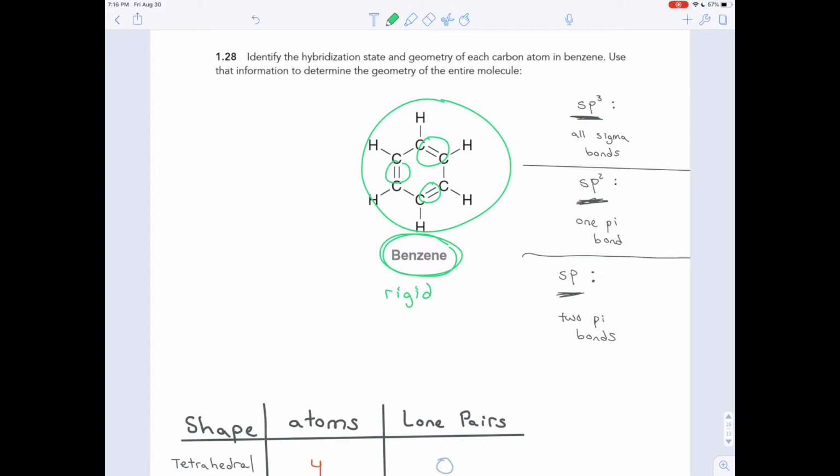It's often used in medications, neurotransmitters, or hormones, because all of those things are molecules that need to reliably fit into receptor sites, and for that you need a rigid molecule, and benzene is a beautiful example of that. So it's an exception that we'll run into a lot.